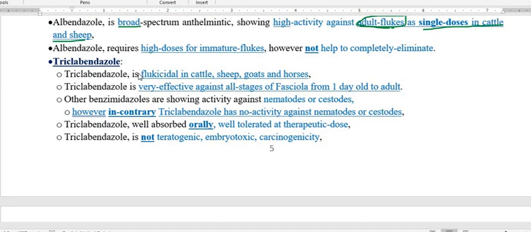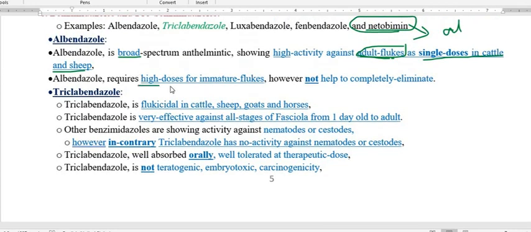A higher dose is required to kill the immature fluke, but it is not very effective at eliminating the immature fluke completely. So this is an important point.